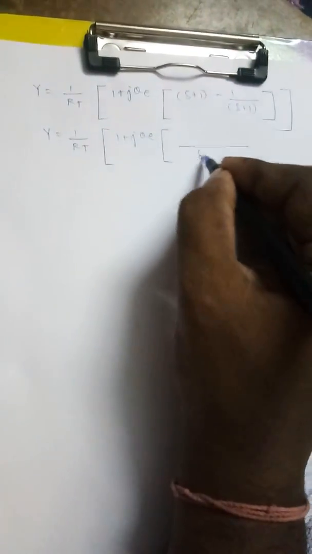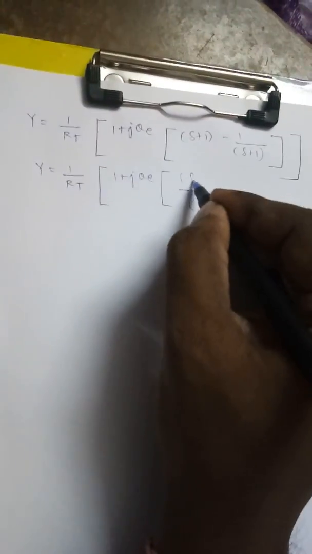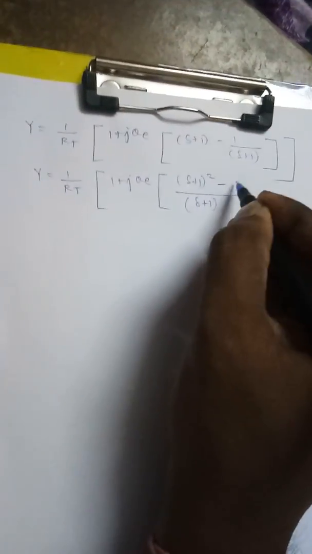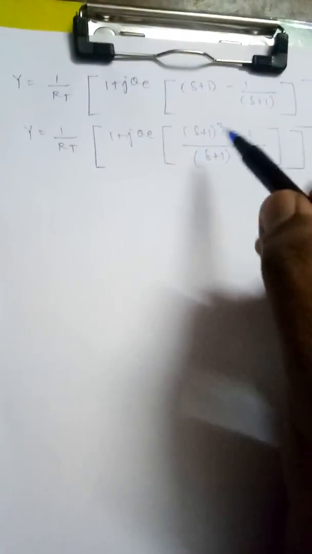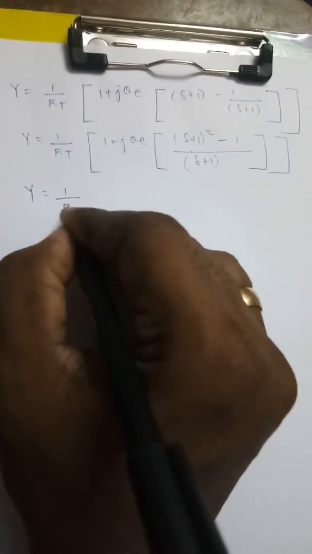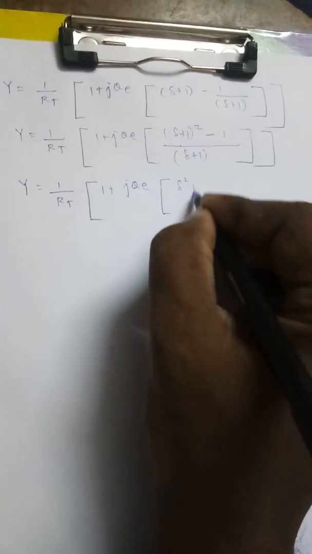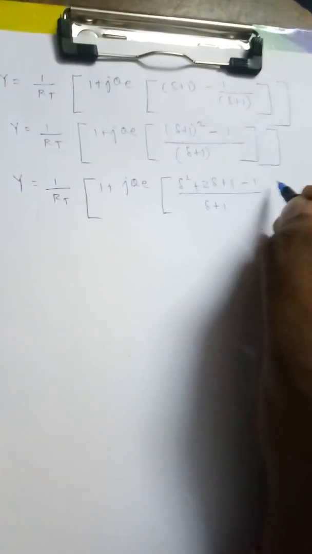The denominator term is del plus 1, and the numerator term is del plus 1 whole square minus 1. We all know that a plus b whole square is equal to a square plus b square plus 2ab. So this term can also be written as 1 by RT into 1 plus j into QE del square plus 2 del plus 1 minus 1, divided by del plus 1.